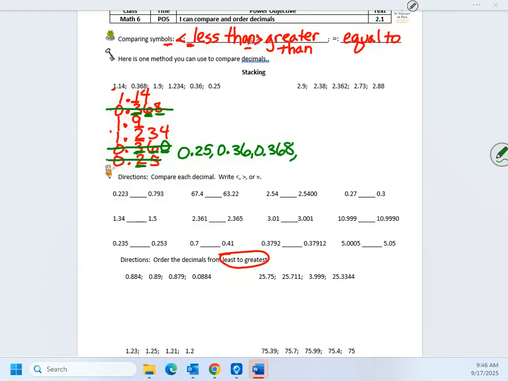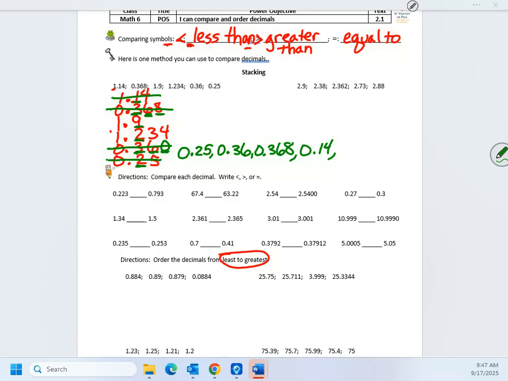Now I'm going to compare the numbers that had ones in the ones place. So we've got 1, 1, and 1. Now I look at 1, 9, and 2. What's my next smallest number? Matt? 1.14, because 1 is the smallest there. So I have two left, 1.9 and 1.234.